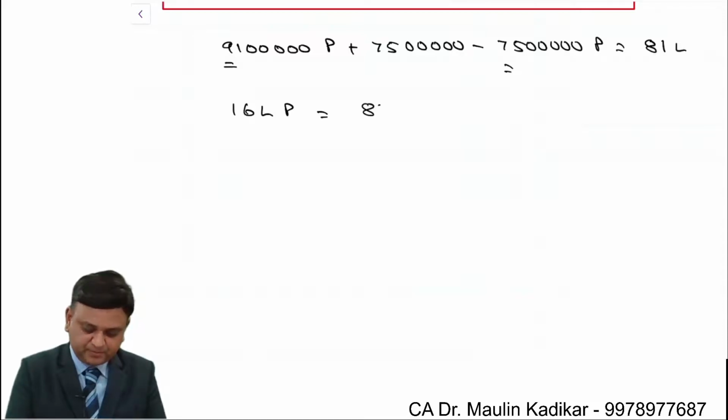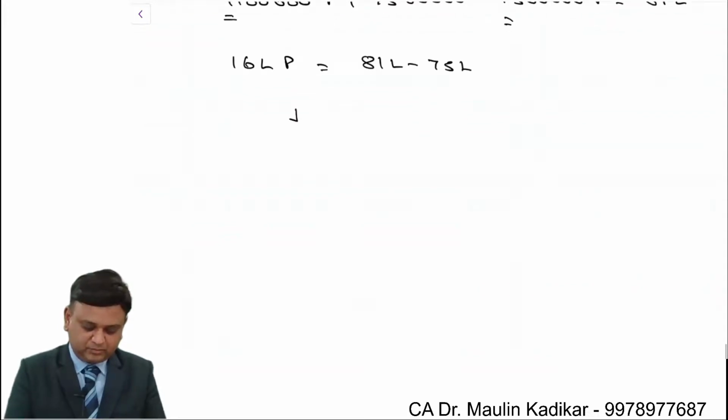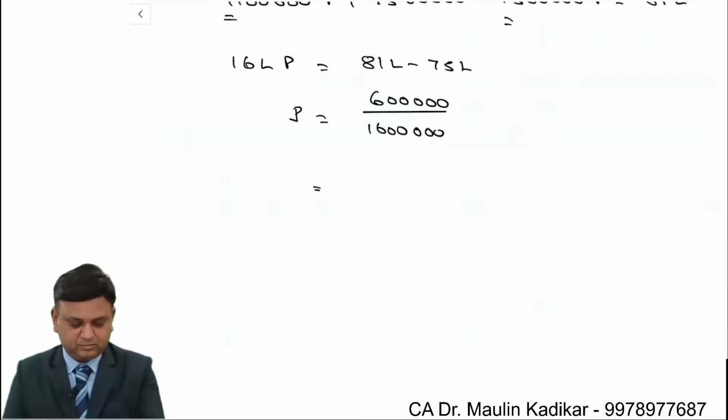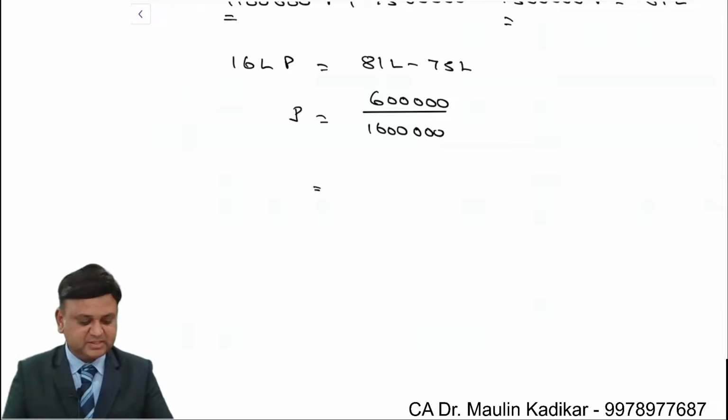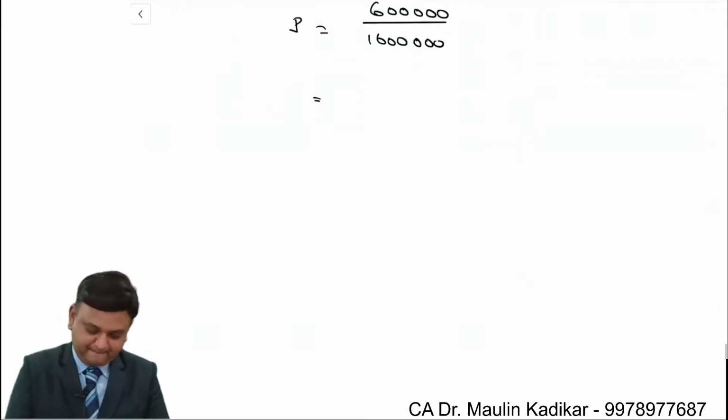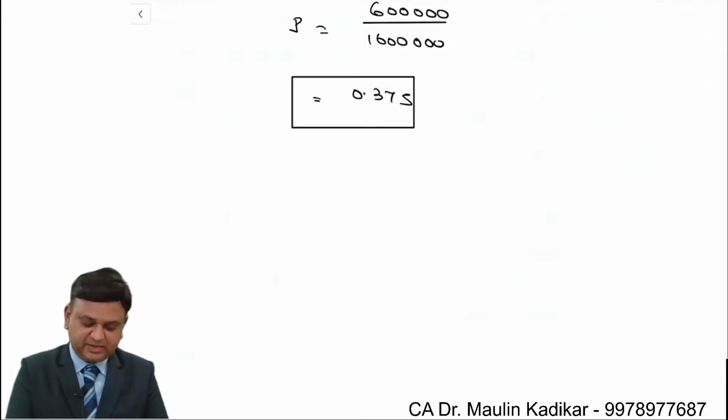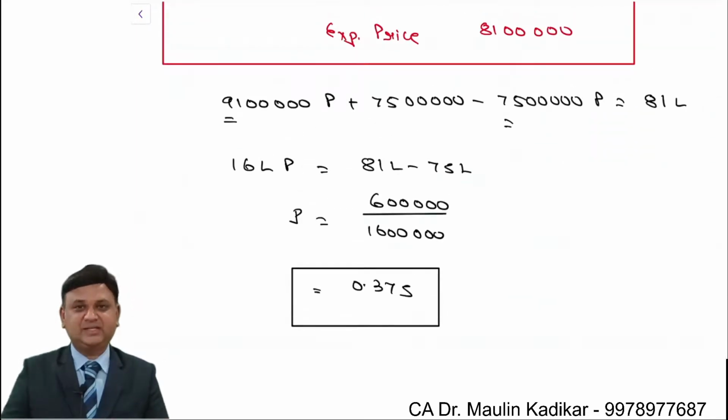P is equal to 81 lakhs minus 75 lakhs. So P is, numerator is 6 lakhs. In division we have 16 lakhs. So 6 divided by 16, that comes to 0.375. This is what we understand is the probability of the price increase.